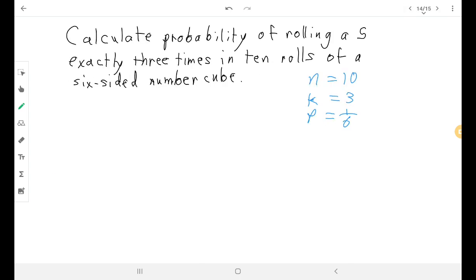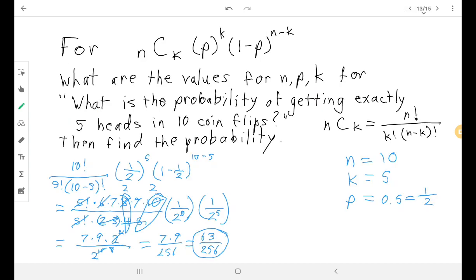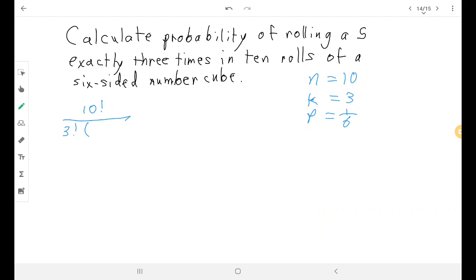We need n factorial, 10 factorial, over k factorial, so that's 3 factorial, times n minus k factorial, so 10 minus 3 factorial, times p to the k power, p is 1 over 6, k is 3, times 1 minus p, so 1 minus 1 over 6, raised to the n minus k power.